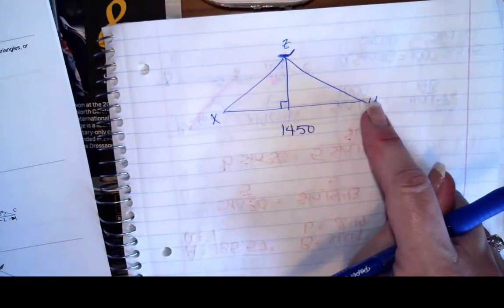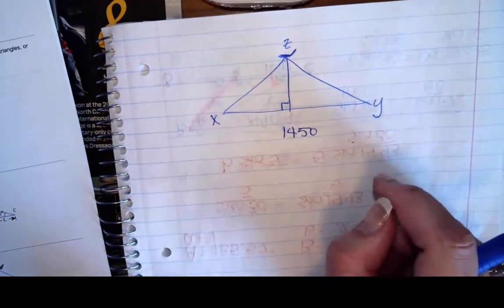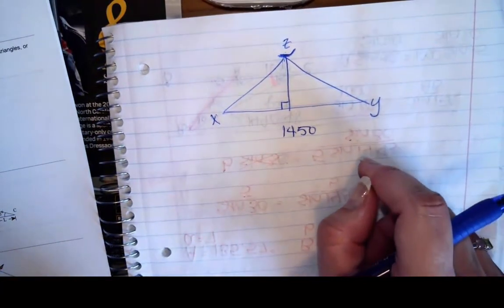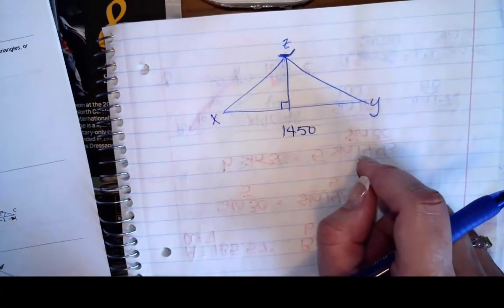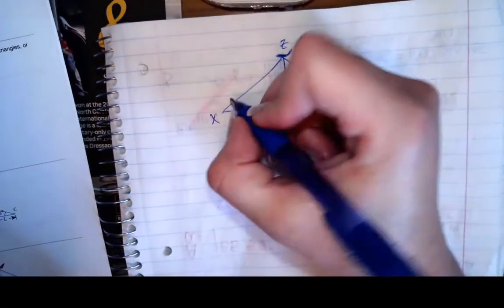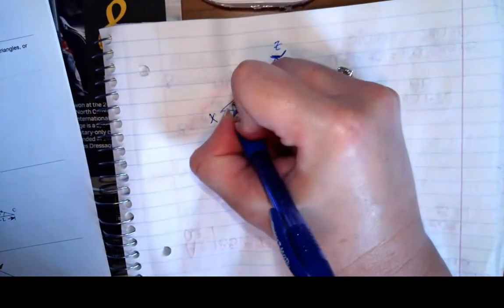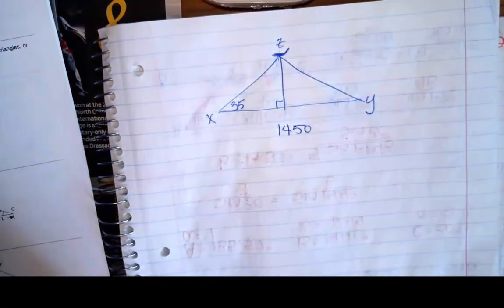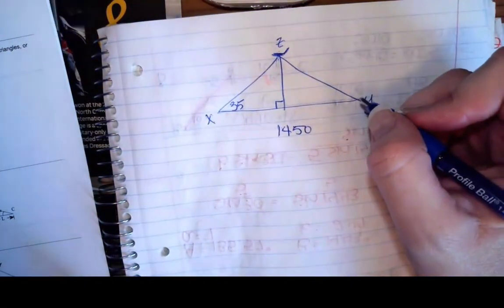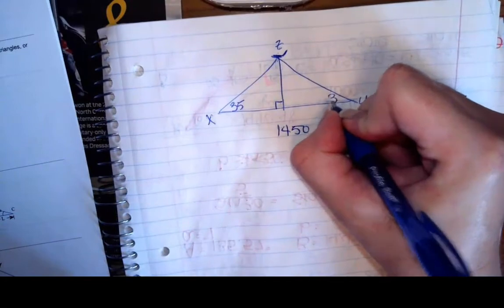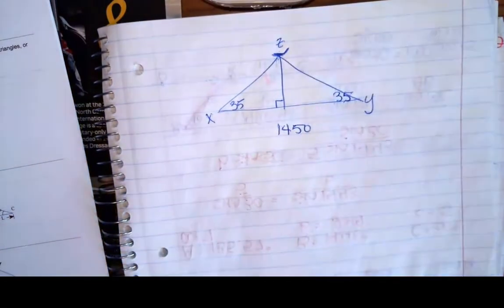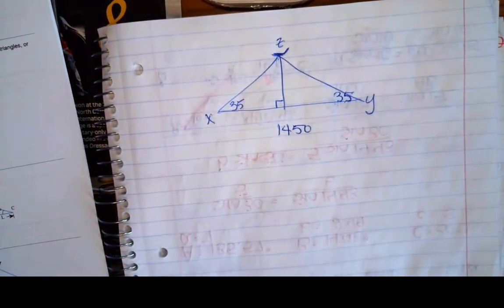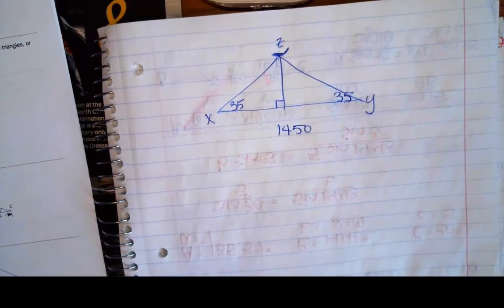Okay, as the airplane passes over the line joining them, each observer takes a sighting of the angle of elevation to the plane, as indicated in the figure. If A is 35, so this is 35, and if B is 35, then how tall in the sky is our airplane?